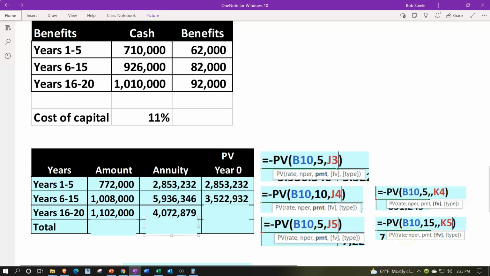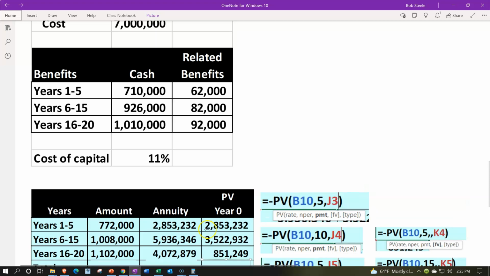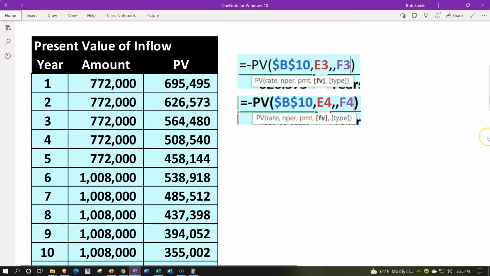Number of periods is going to be 15 because this is 15 years out. And then comma, comma, because it's not an annuity, therefore no payment. Future value is going to be that $4,072,879, and that then will give us the $851,249.